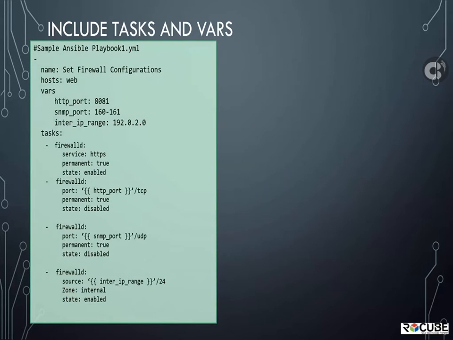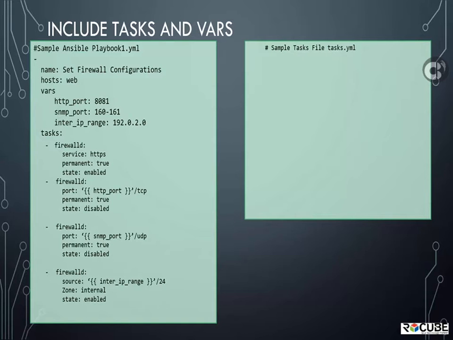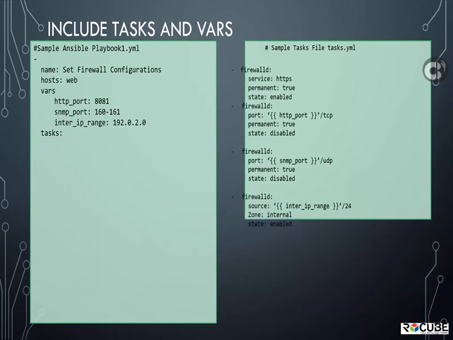How about including tasks and variables? Here we have an Ansible playbook with a list of variables and tasks that use those variables. We can move all tasks to a separate file and use the include statement to include tasks from that file.